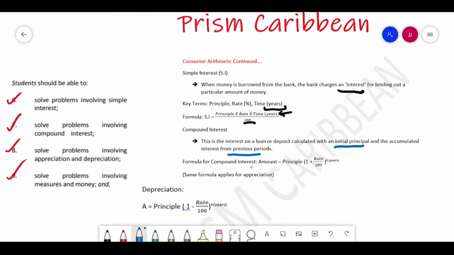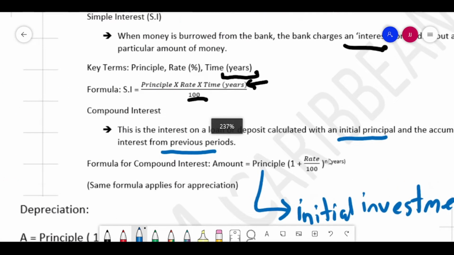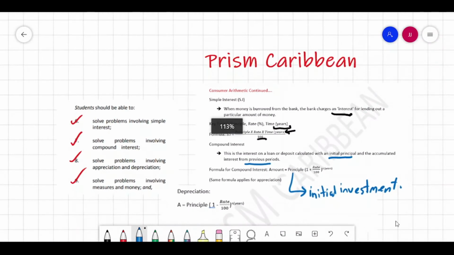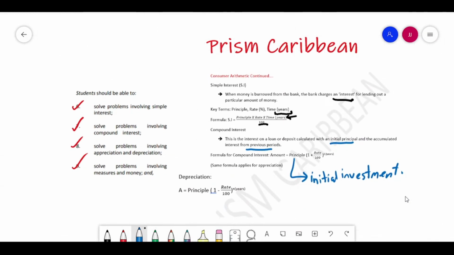Formula for compound interest: amount is equal to principal, which is the initial investment, or you can say initial value, depending on how the question phrases it, into 1 plus rate over 100, to the power of n, which is years, as you can see here.